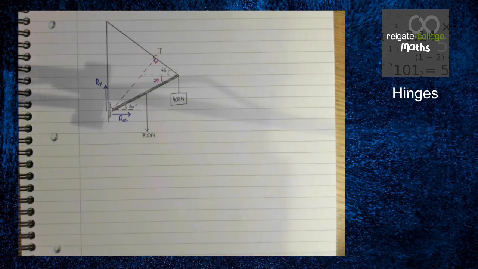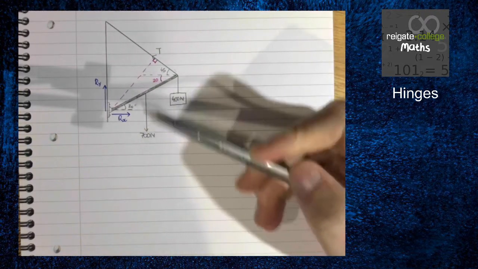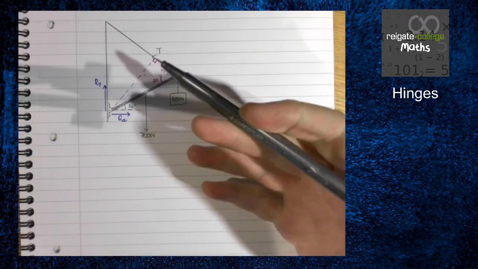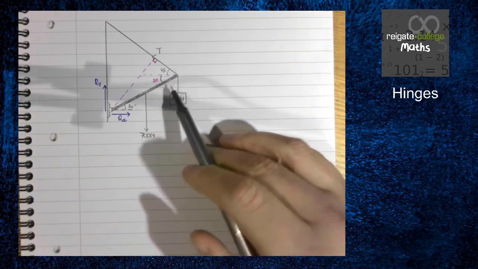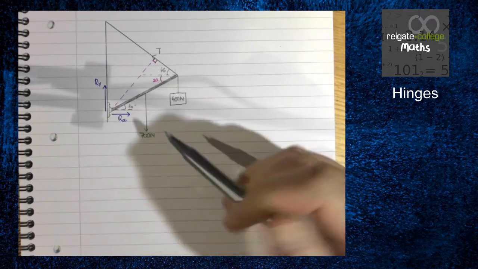So the first thing we're going to do is give the length of the boom a name. Because it's uniform, we know that this 700 newtons is in the middle. So instead of calling the length of the boom, say, A, we're going to call it 2A so we can avoid using fractions.